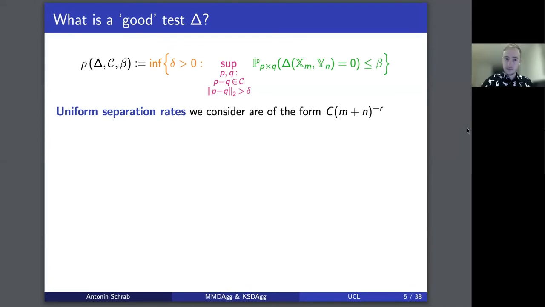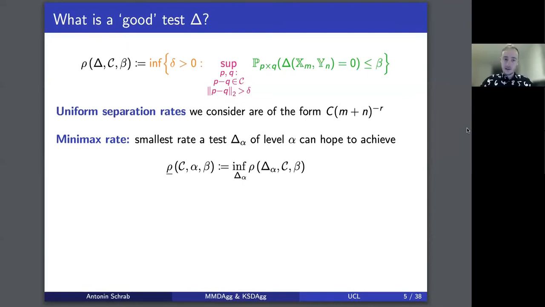And this is intuitive because as the sample size grows, this rate should go to 0, in the sense that the more samples we have, the more we'll be able to detect small differences between P and Q. And if we have infinite samples, then we're able to detect any difference between P and Q, or at least speaking loosely. And so this means that the uniform separation rate should go to 0 as the sample size grows to infinity.